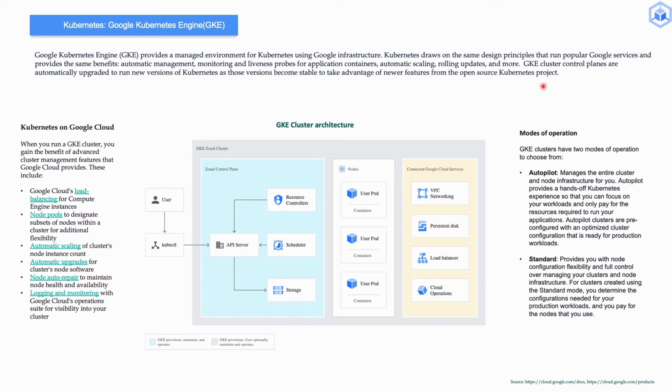GKE cluster control planes are automatically upgraded to run new versions of Kubernetes as those versions become stable, to take advantage of newer features from the open source Kubernetes project. And why this is important is, if you look at any of the managed services of any open source products, there's always a lag between the latest capability and what's supported.